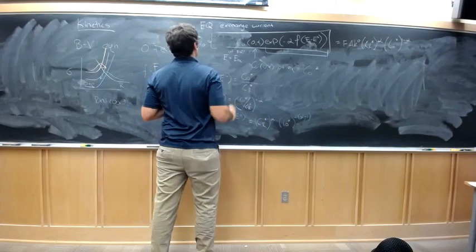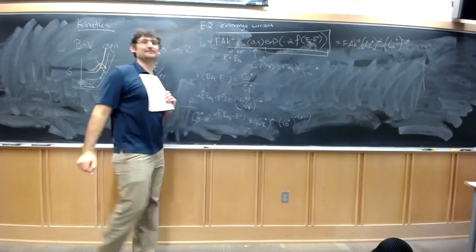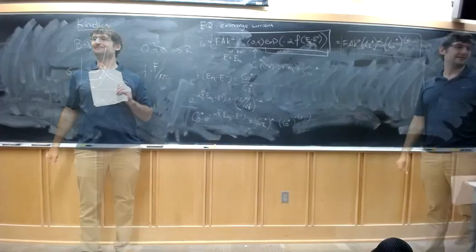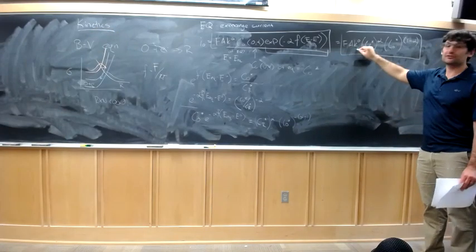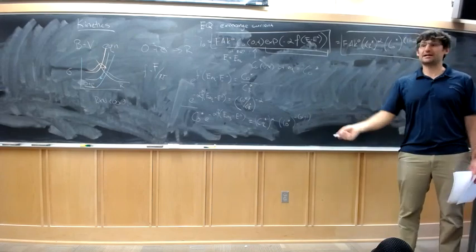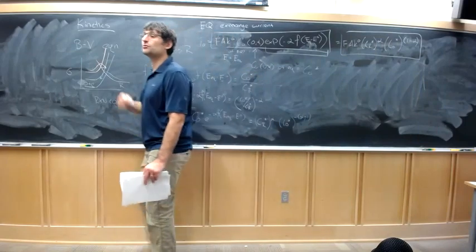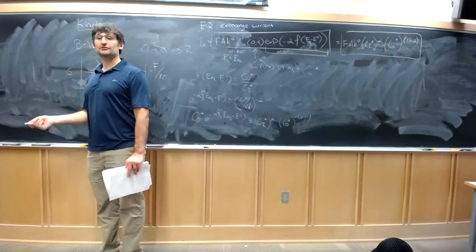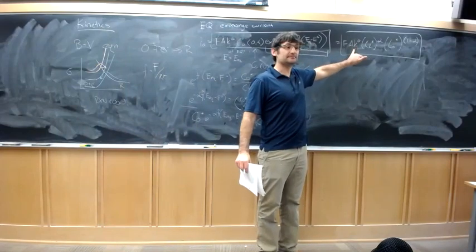I lost some things here. When I wrote the Butler-Volmer equation, I lost my F A K naught, sorry, because that was the prefactor. So what I'm telling you is the exchange current density depends on the standard rate constant. Remember, the standard rate constant is the rate constant under standard conditions, which means you're at E naught and you have equal concentrations of both O and R. That was our definition for the standard rate constant. So this is something that people tabulate.